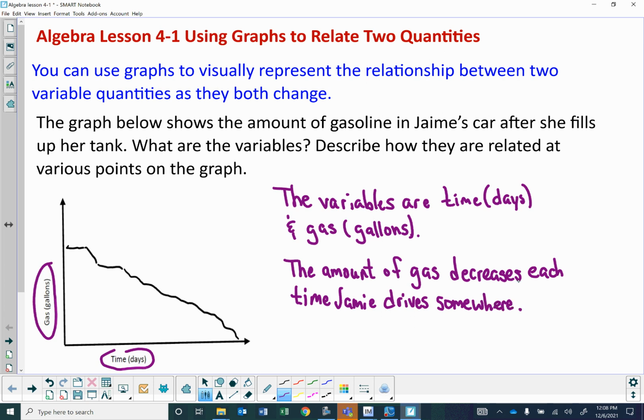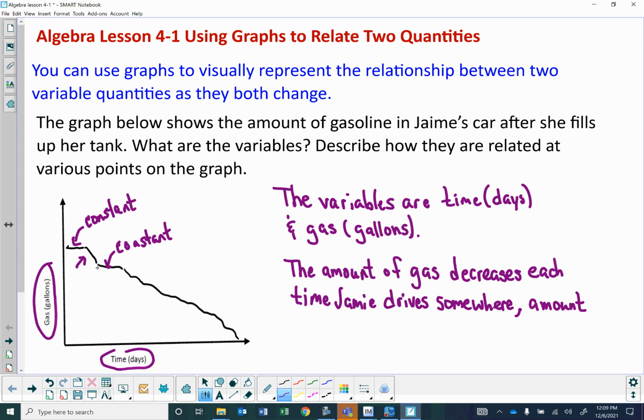Okay. And it stays constant. Amount of gas will stay constant. For instance, there's a constant right there, and here is where it's staying constant, which means she's obviously not driving there. But here she's driving, and obviously if she's driving faster or she steps on the gas really hard, like right there, she's going to use more gas. Maybe she's merging on the freeway right there. So she had to stomp on the gas to merge on the freeway to get to constant speed.